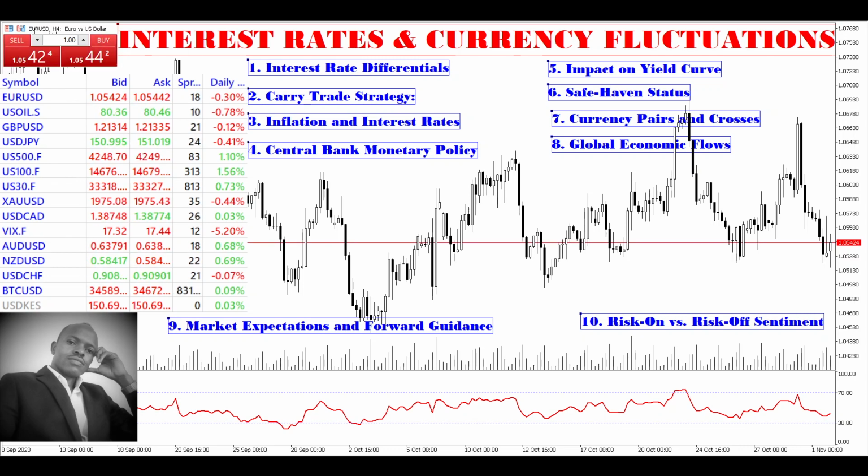As a result, there is increased demand for that country's currency, making it stronger against other currencies. Conversely, when interest rates are cut, it can lead to currency depreciation since investors will seek better returns in other currencies.